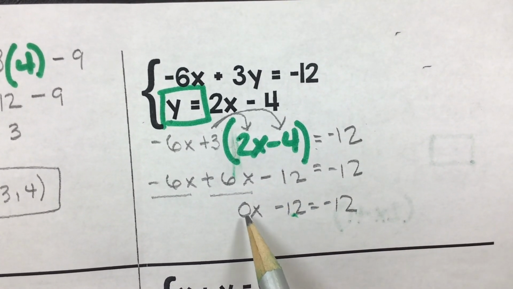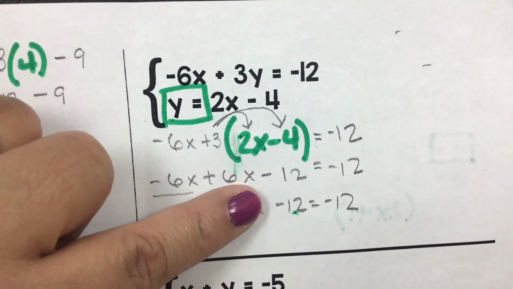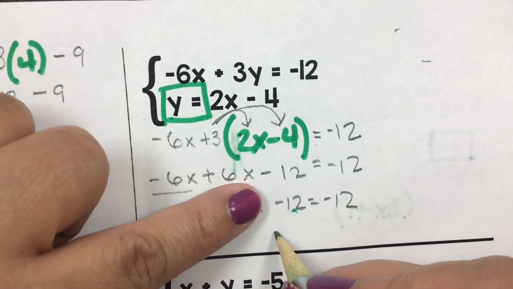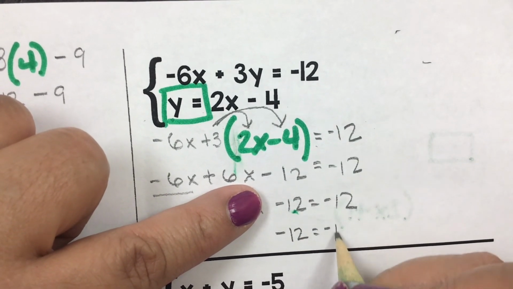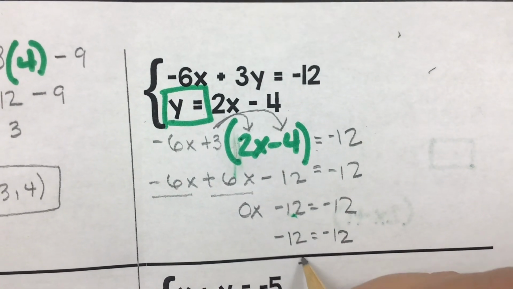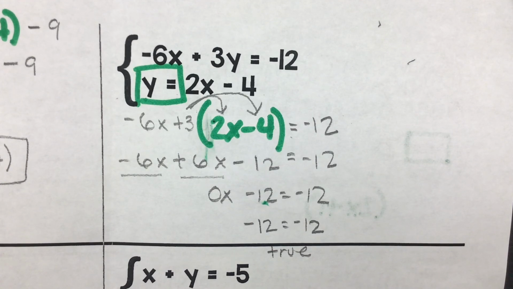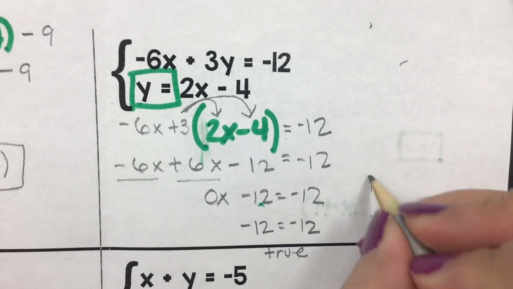So this says 0 times x, so we don't really need it because that becomes 0. We don't need to add or subtract it. So we're left with negative 12 is equal to negative 12. Well, that's true all the time. Negative 12 is negative 12. That means that this is always true, making it infinite solutions.